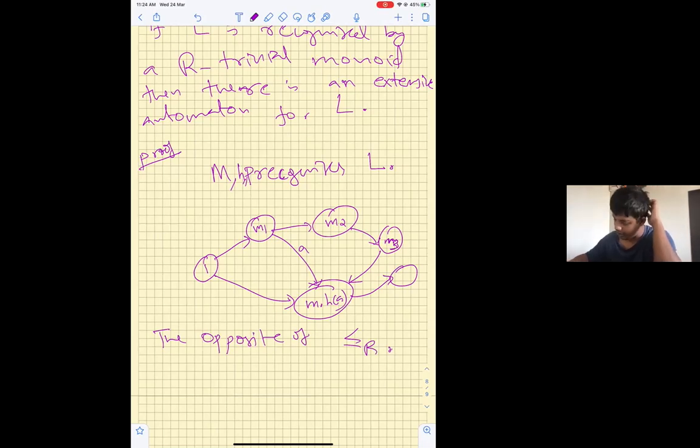But the problem is that I want M1 to be less than or equal to M1 dot h of a. But actually M1 dot h of a is smaller than or equal to M1 in the less than or equal to R ordering.